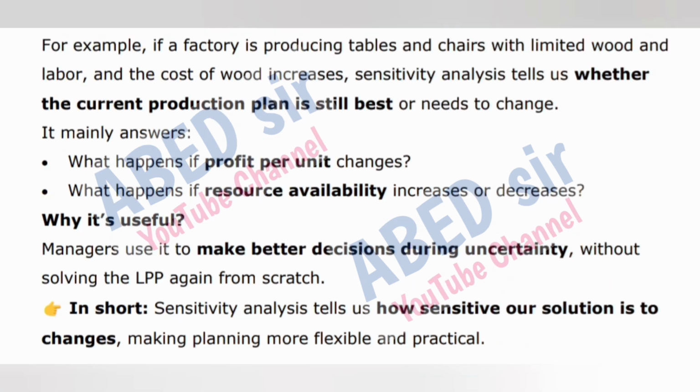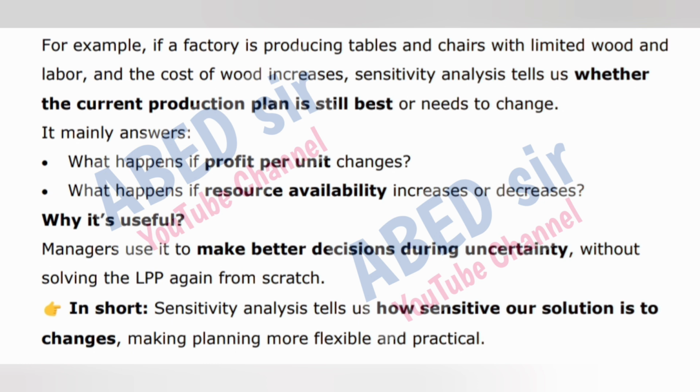For example, if a factory is producing tables and chairs with limited wood and labor, and the cost of wood increases, sensitivity analysis tells us whether the current production plan is still best or needs to change. It mainly answers: what happens if profit per unit changes?